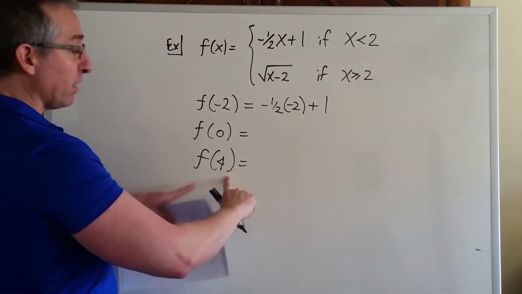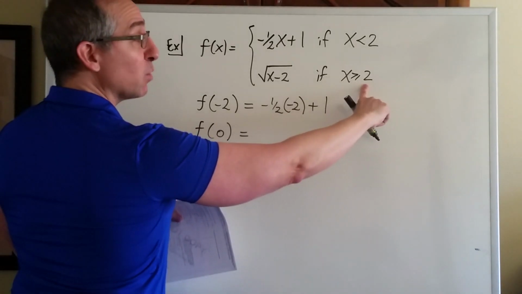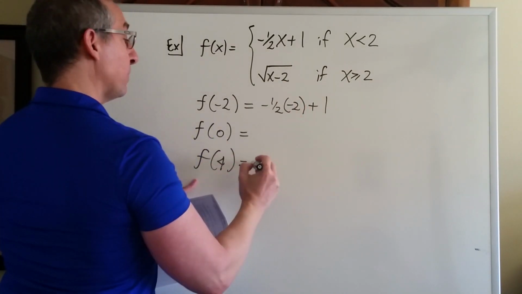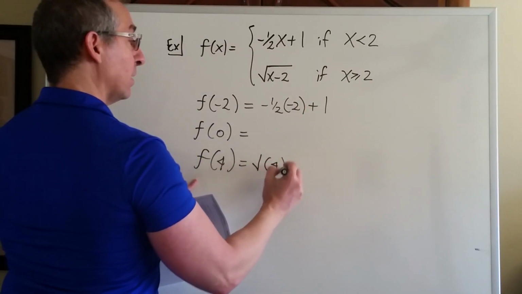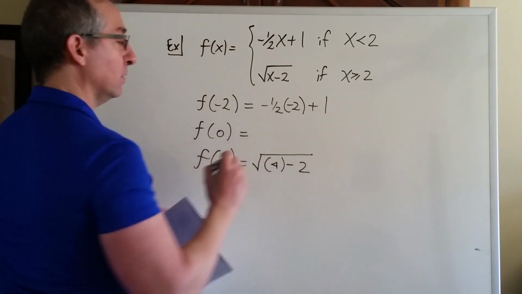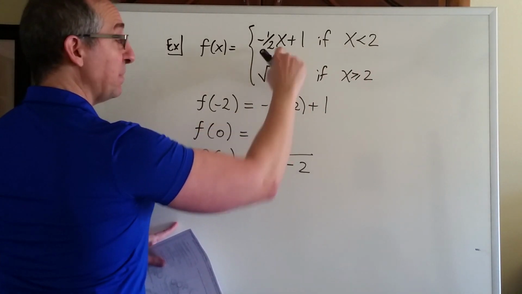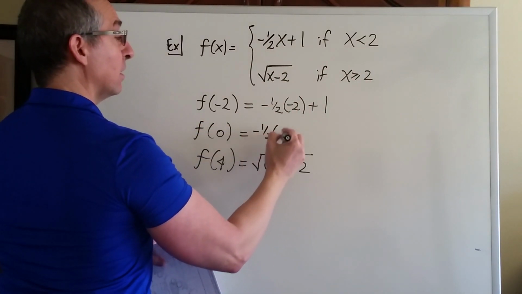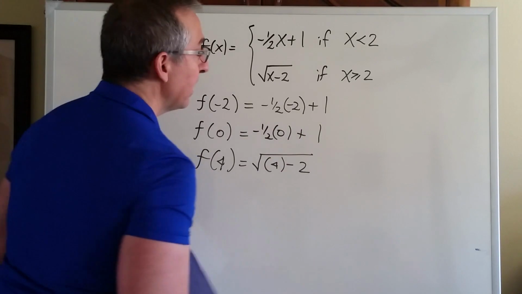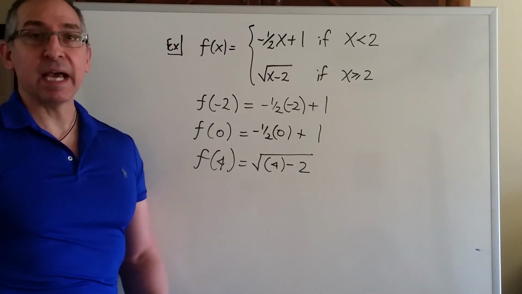Whereas 4 fits this inequality, and so we'll use this piece. At 0, that's less than 2, so we'll use this piece again. After that, it's going to be straightforward calculations.